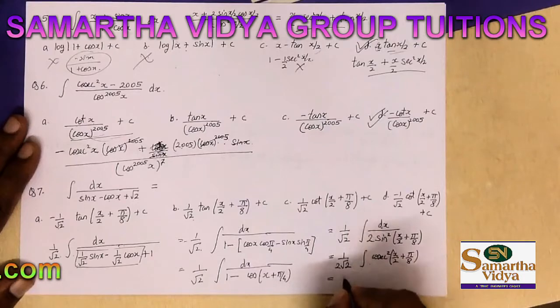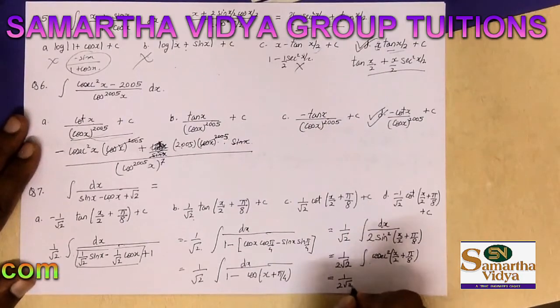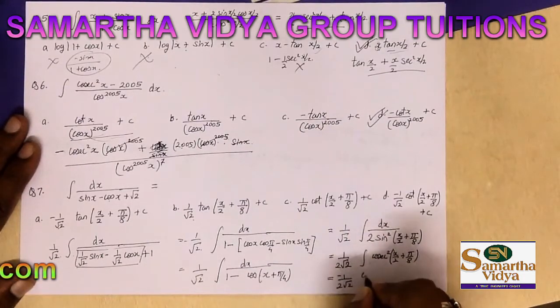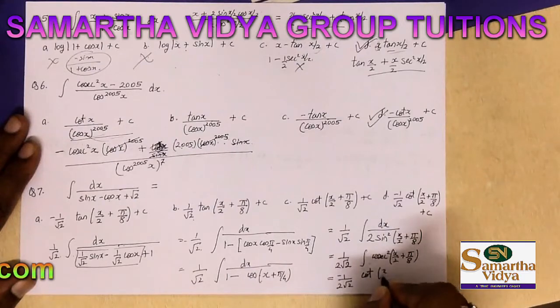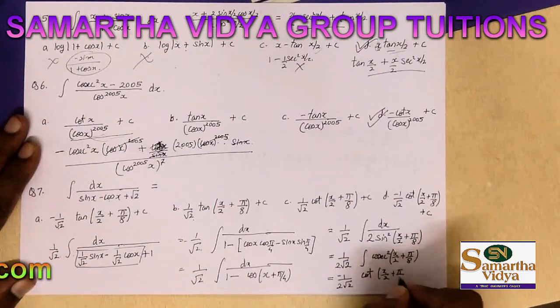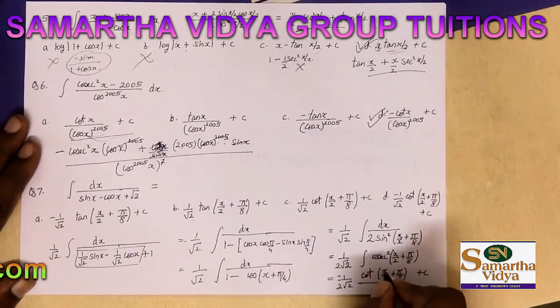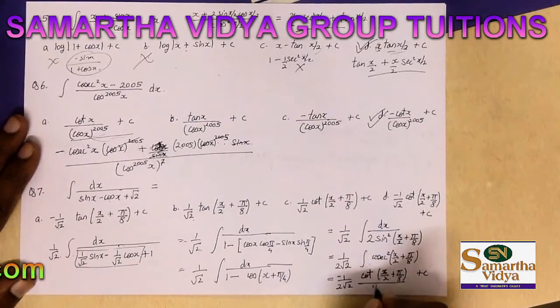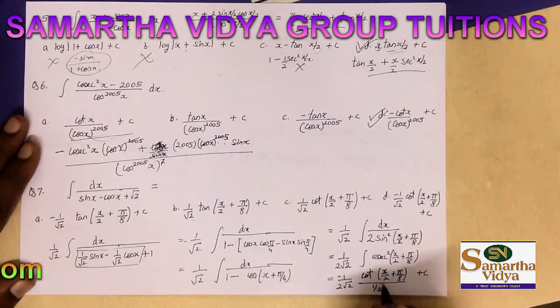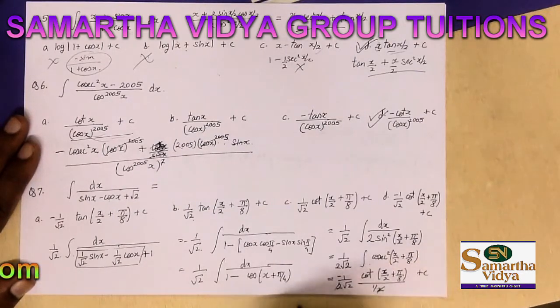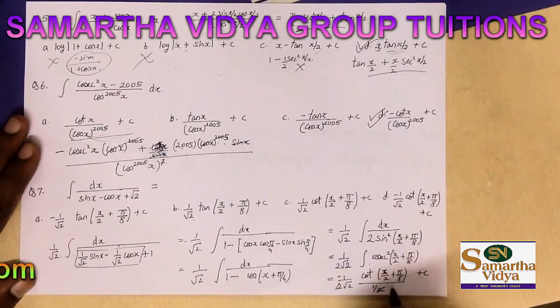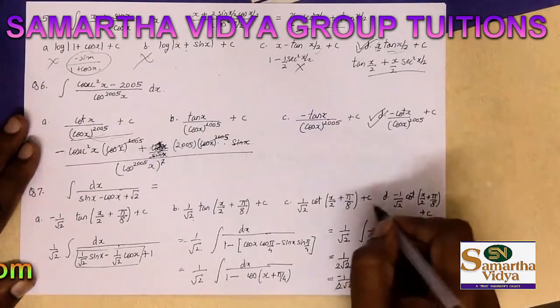So that is going to be 1 by 2 root 2 into minus cot of x by 2 plus pi by 8 plus c, and there is also the division by half. So we have this half because of this x by 2. You can see 2 gets cancelled, and we are having the answer as minus 1 by root 2 cot of x by 2 plus pi by 8, which is nothing but your option.